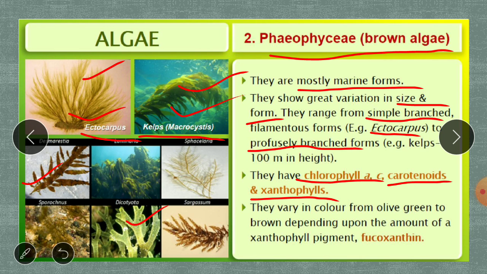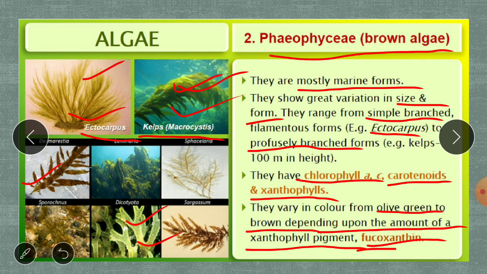Coming to the color, these algae are mainly brown, but sometimes the color may vary from olive green, a little bit brownish green, to brown, depending upon the amount of the xanthophyll pigment fucoxanthin. Fucoxanthin is the pigment which gives the brown color to the brown algae. This is a type of xanthophyll pigment.